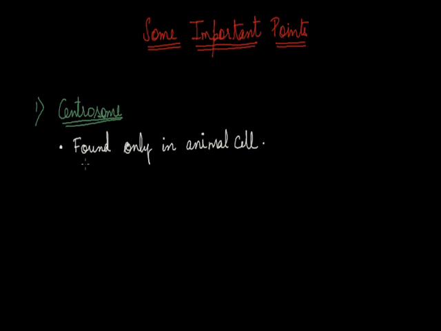And if we talk in terms of level of organization, that is prokaryotic or eukaryotic, then we should say that the centrosomes are found only in the eukaryotic cells. If we talk about the structure of a centrosome, it consists of two centrioles.